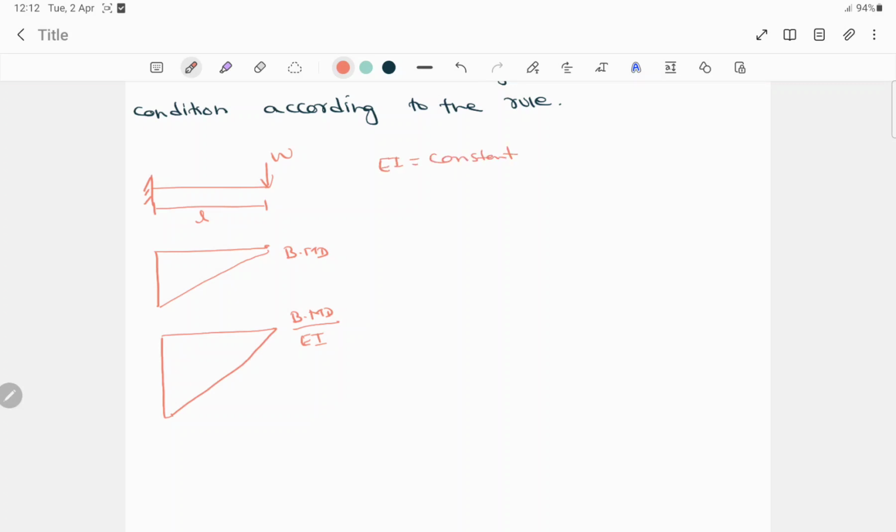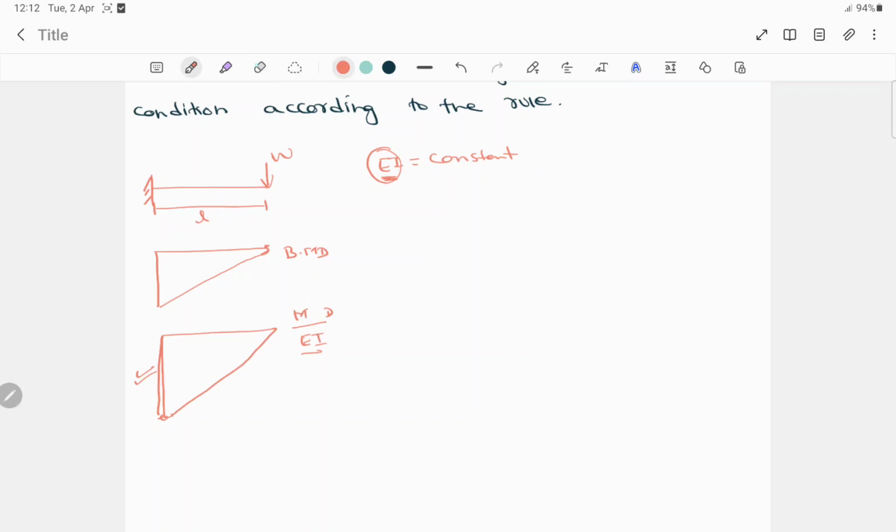Okay, suppose the EI value is given in the question, then we can put the value of EI in this term and we can identify the value for this length. So now this is the M by EI diagram. Here I'll write M by EI diagram.